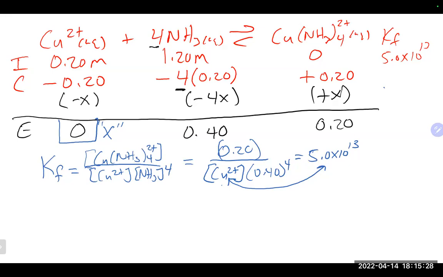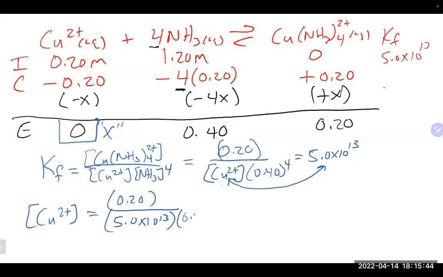They essentially switch places. That gives you that the copper 2 concentration at equilibrium will be 0.2 divided by 5.0 times 10 to the 13, divided by 0.4 to the fourth.